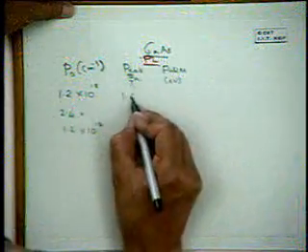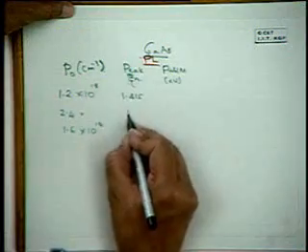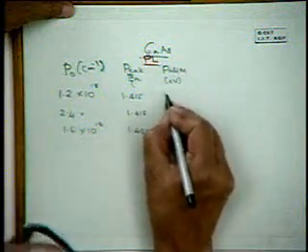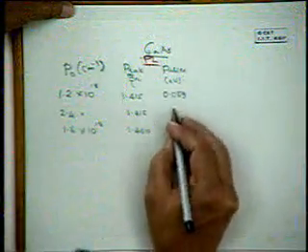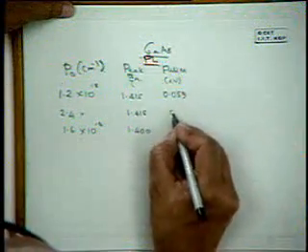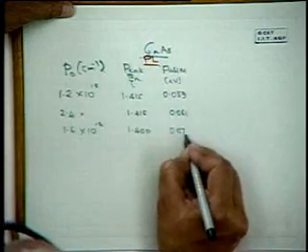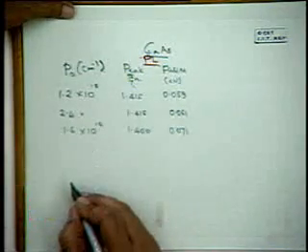Experimentally, this turns out to be 1.415, 1.415, 1.400. This is 0.59, so 59 milli-electron volts, 0.61, a little broadening due to heavy doping.